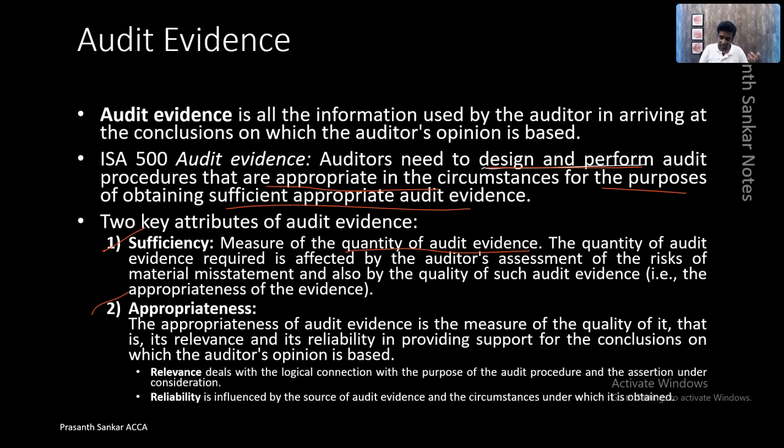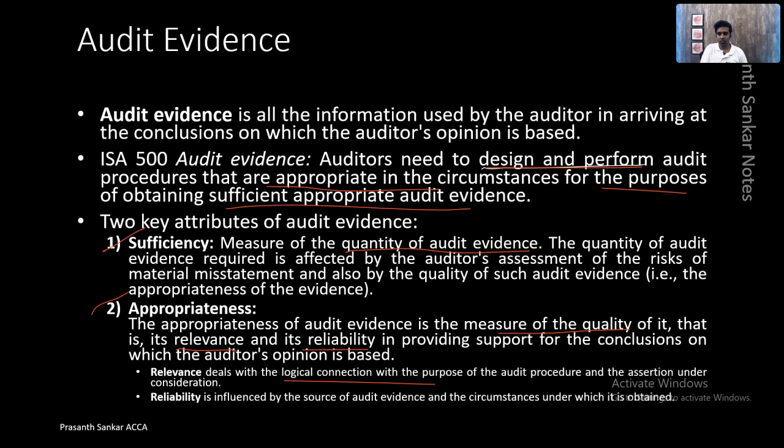Second is appropriateness. Appropriate measures the quality of the evidence. If evidence is to have a good quality, it has to be relevant as well as reliable. Relevance means for what purpose he is collecting the evidence, like what characteristic he is trying to prove in terms of a transaction.